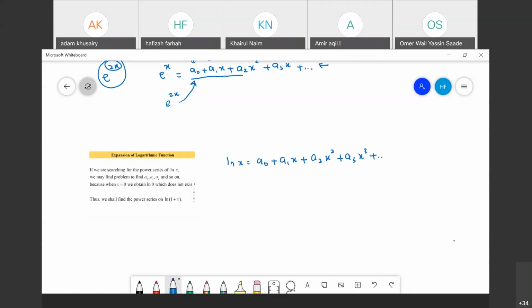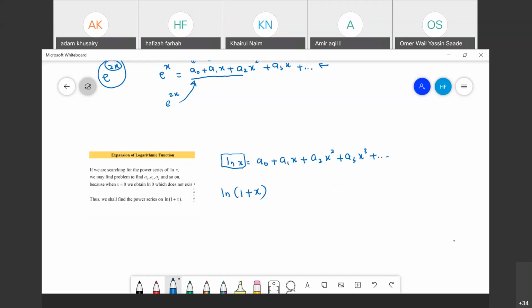But what will be difficult is when we differentiate ln x, we will have 1 over x, which will be a1 plus 2a2x. So when we substitute x equals to 0, we have 1 over 0, which is undefined, which does not exist. So we cannot use ln x. So what we can find is, instead of using ln x, we use ln of 1 plus x.